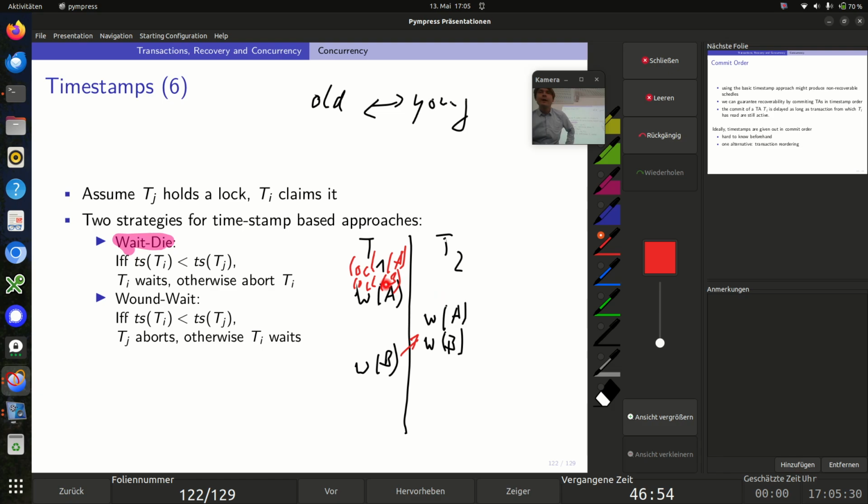In wound-wait, I would wait for the other one. So this is one strategy of avoiding deadlocks using timestamps without deadlock detection.